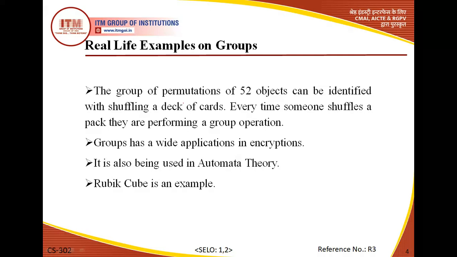I hope everyone knows what a pack of cards is. A pack of cards has 52 cards. If you shuffle those cards, that is an operation being performed in a group. The pack of 52 cards can be seen as an example of a group, and every time we are shuffling it, we are performing an operation over that particular group. So that is a very small real life example of a group.